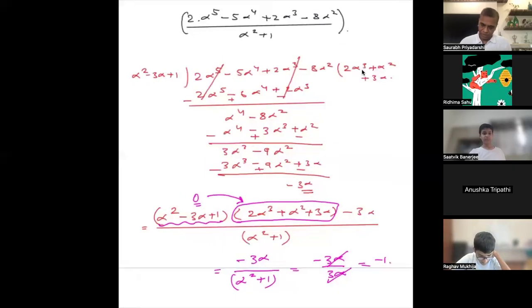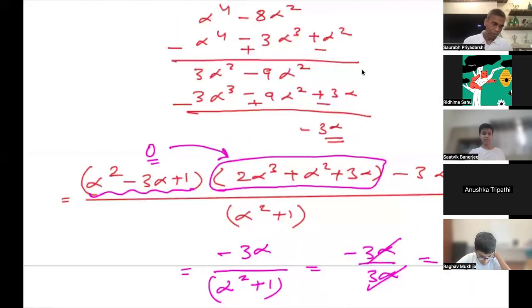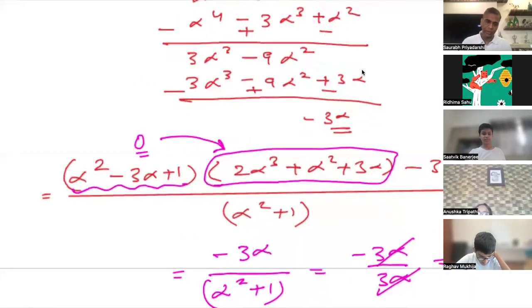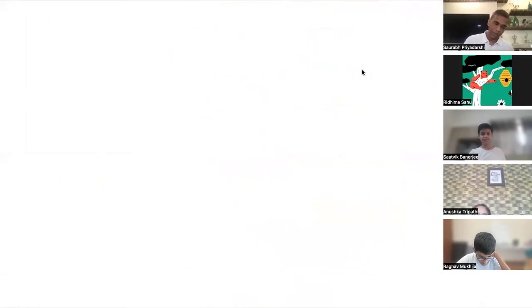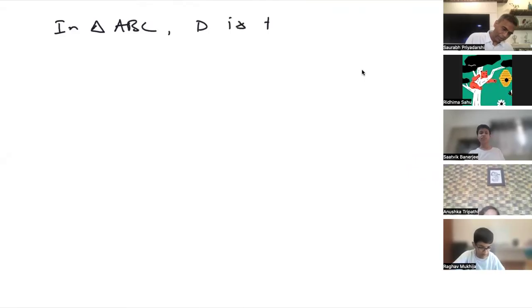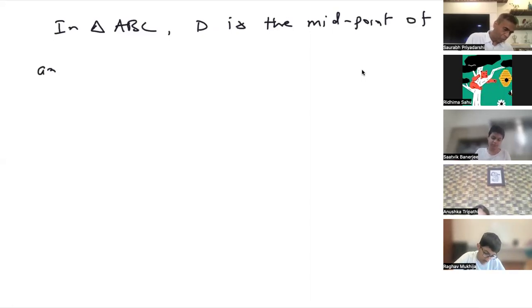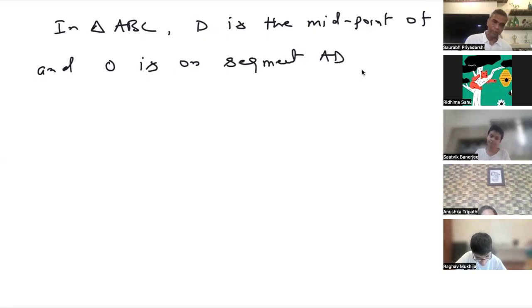Now I'm going with one more topic on this: geometry. See this question carefully. In triangle ABC, D is the midpoint of BC and O is on segment AD.